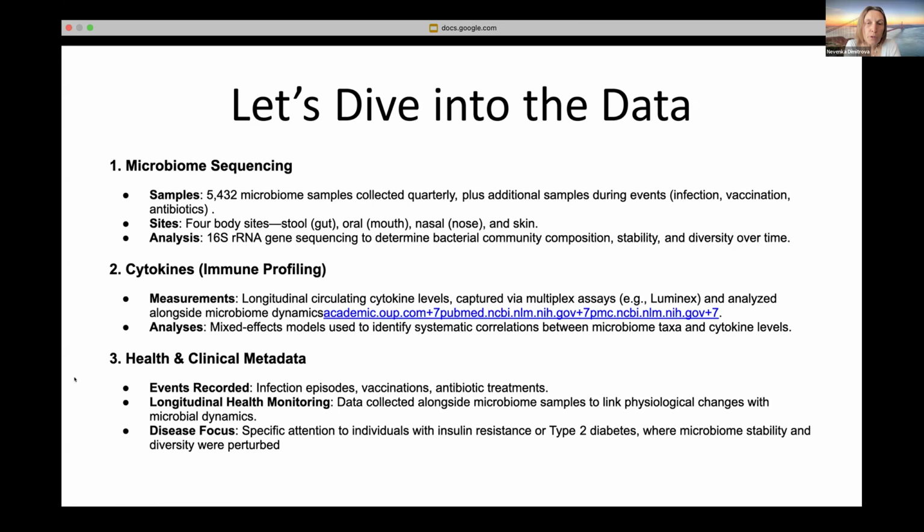And also the focus here has been insulin resistance versus insulin sensitivity in type 2 diabetes. And this is where microbiome stability and diversity is perturbed. So can you get a microbiome sample and predict whether someone has insulin resistance or insulin sensitivity? That's another interesting challenge.